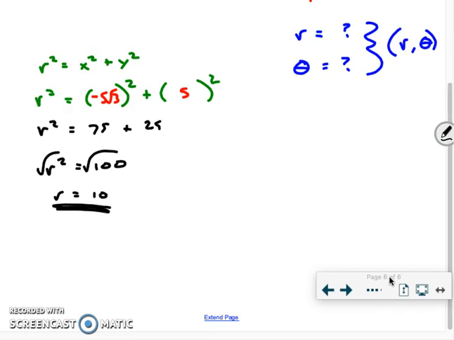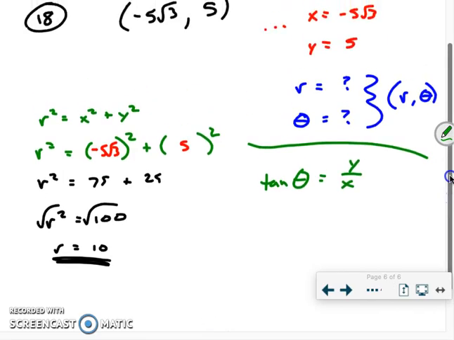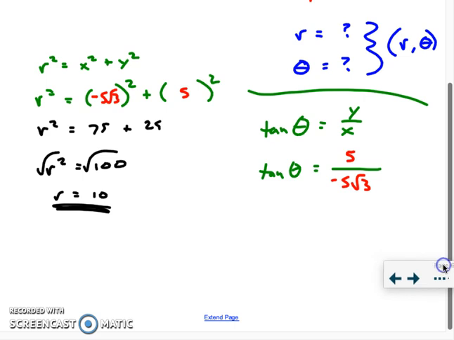Jumping over to the theta side of things, now we can say that the tangent of theta is equal to y over x. So more substitution is in store. The tangent of theta is equal to y over x, where y is equal to 5 and x is equal to -5√3. So is there a cancellation that can take place? Possibly simplify things?